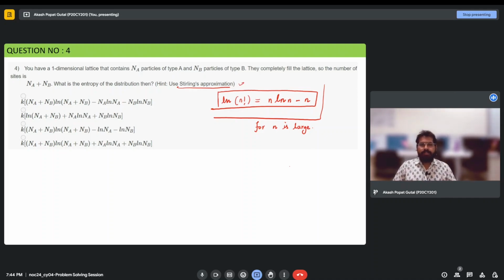So by using this Stirling's approximation, you need to solve the problem. Please try it. I'm giving it 3 to 4 minutes to just work out and try to find the answer.